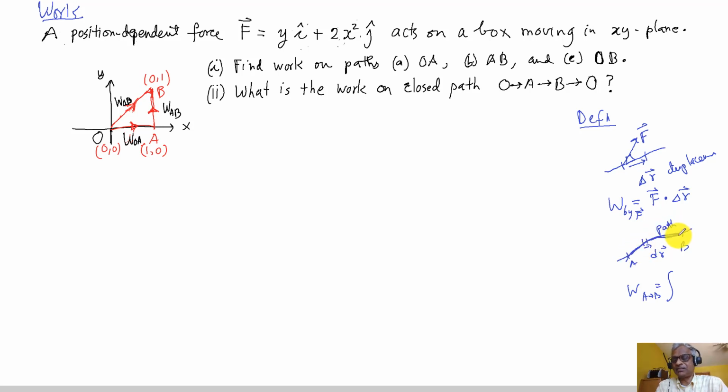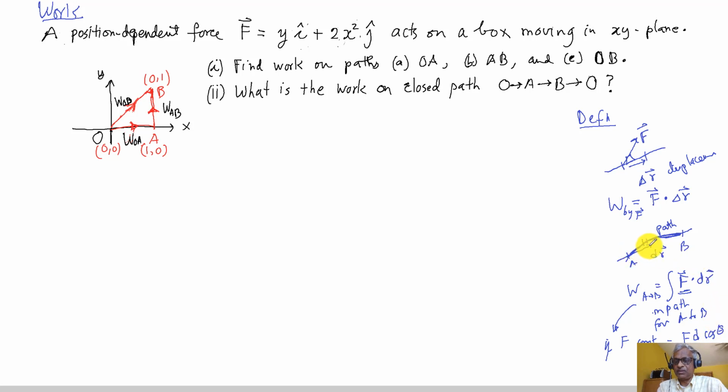It may be x is constant, y is constant, x equals y, some path here, and so this becomes this kind of integral, over the path from A to B. So if F is constant, this becomes simple. If F is constant, then it's just F d cosine theta.